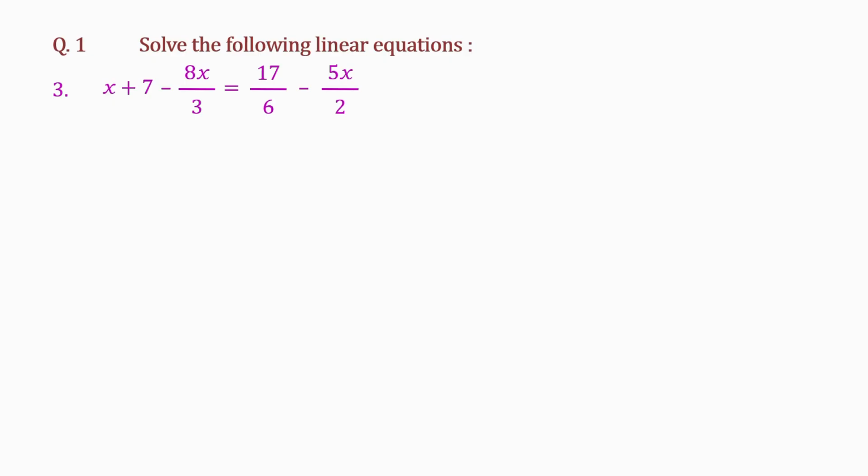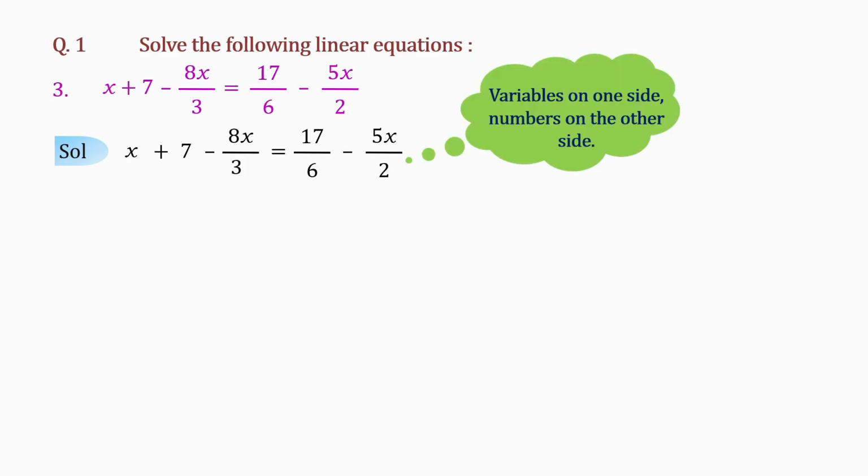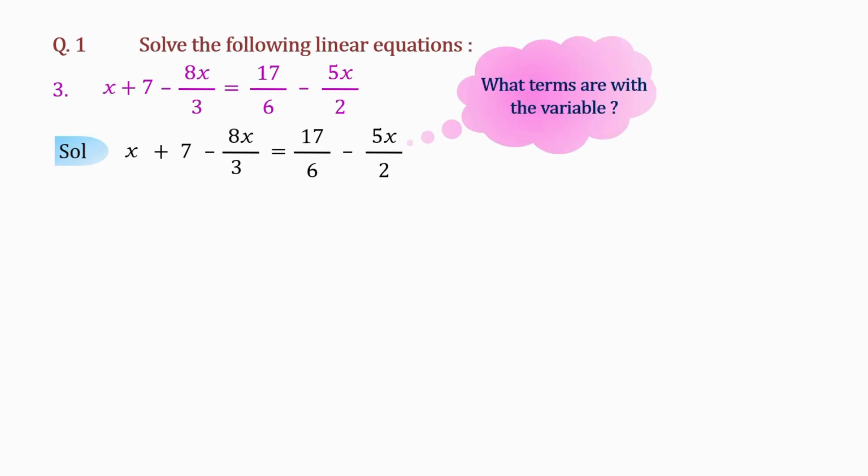Now another problem, x plus 7 minus 8x by 3 equal to 17 by 6 minus 5x by 2. So here in this case, we have to make the variables on one side and the numbers on the other side. So what terms are with the variable? So these are the variable terms.